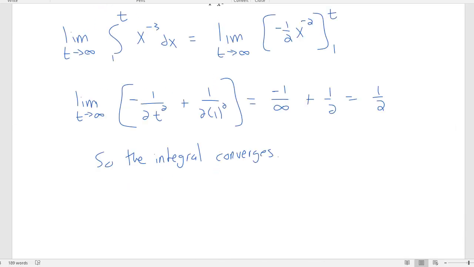There we went from 1 to infinity, and the result we got was 1 over 2 times 1 squared. If I change this lower limit to 10 to infinity, then this is going to be 1 over 2 times 10 squared. If we were going from 20 to infinity, this would be 1 over 2 times 20 squared.